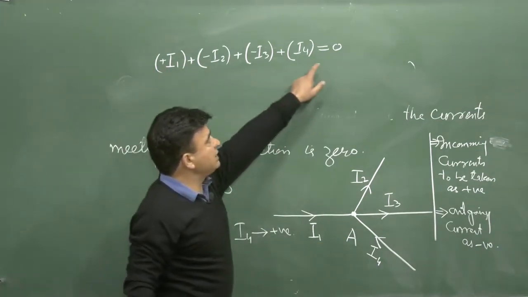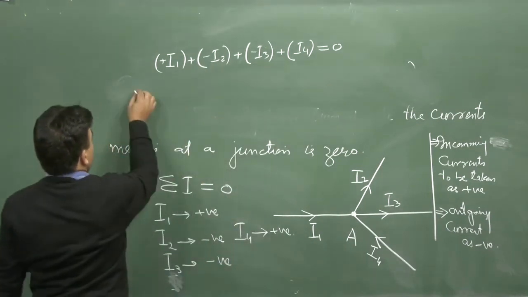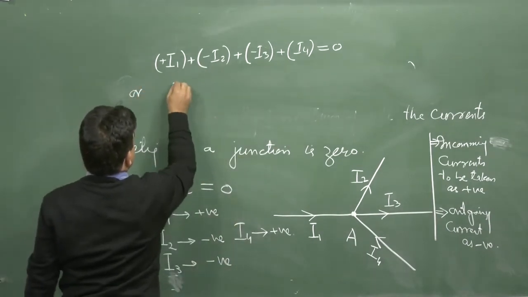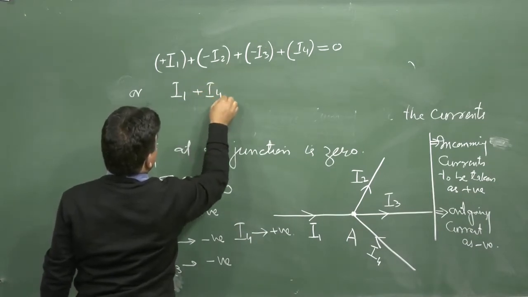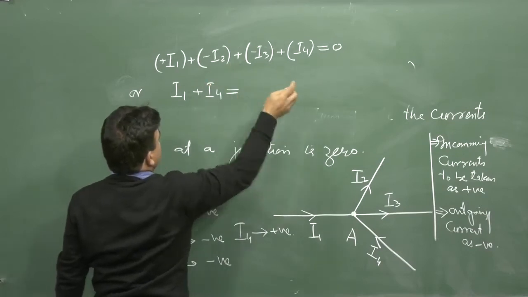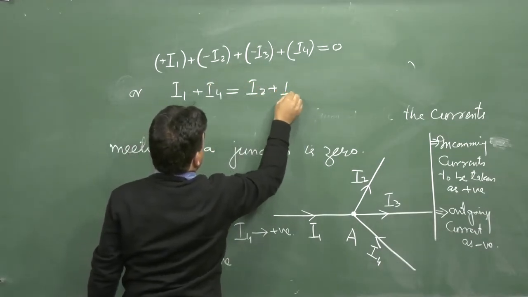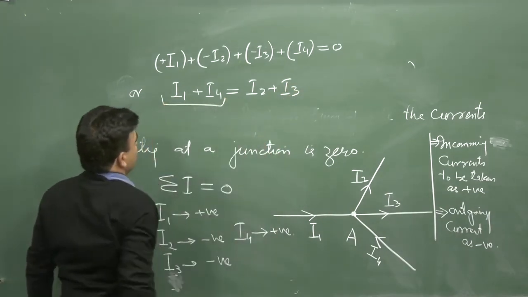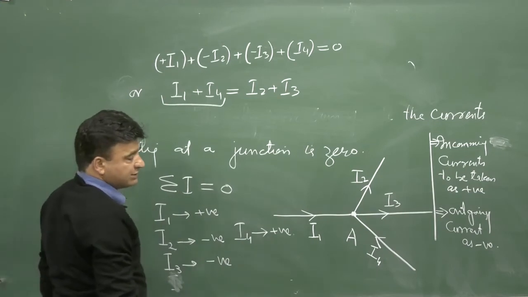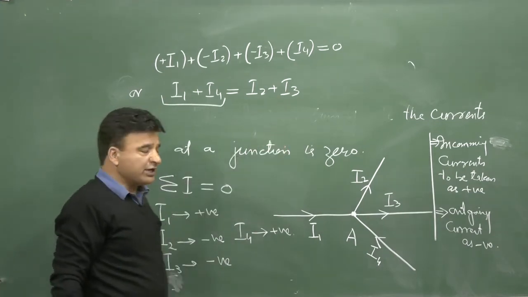Sum of all the currents, algebraic sum of all the currents meeting at a junction is 0. Or from this equation, I can write it like this: I1 plus I4 is equal to, taking the negative currents on the other side, I2 plus I3. Now, I1 and I4 are the incoming currents, I2 and I3 are the outgoing currents.